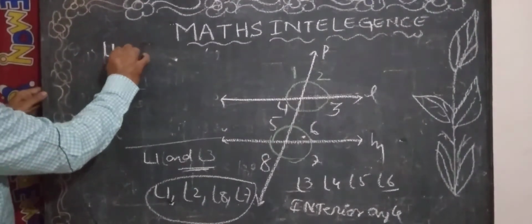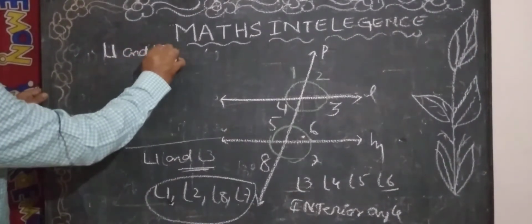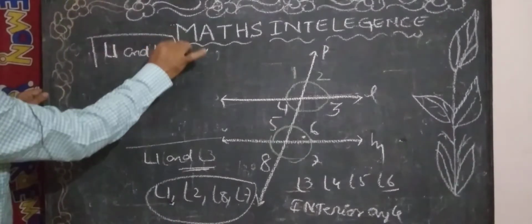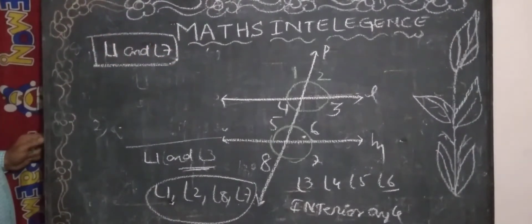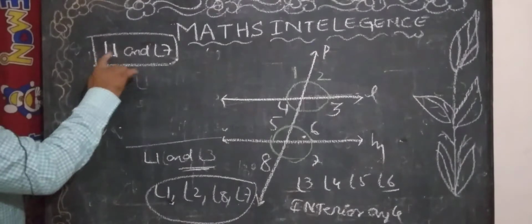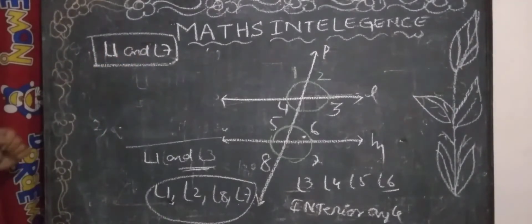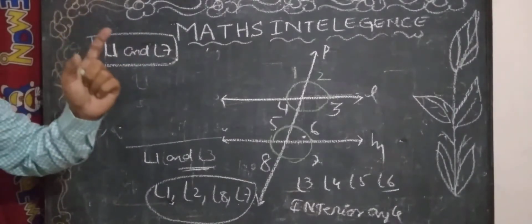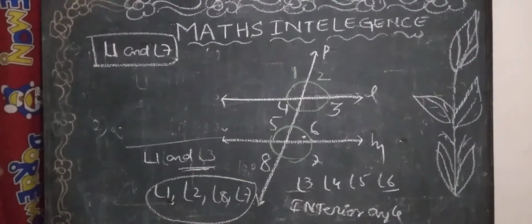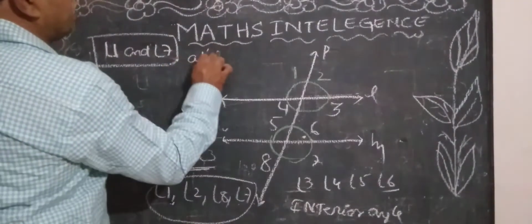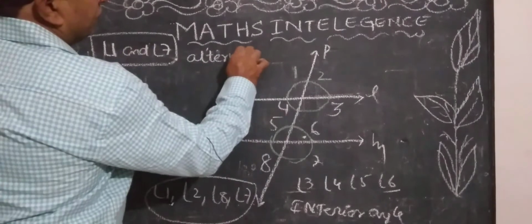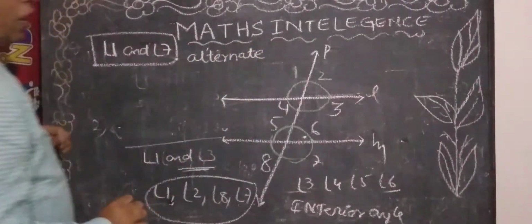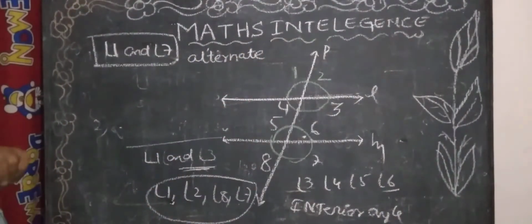Angle 1 and angle 7. What type of angles are these? Angle 1 and angle 7 are alternate exterior angles. Now you can identify one more example of alternate exterior angles.